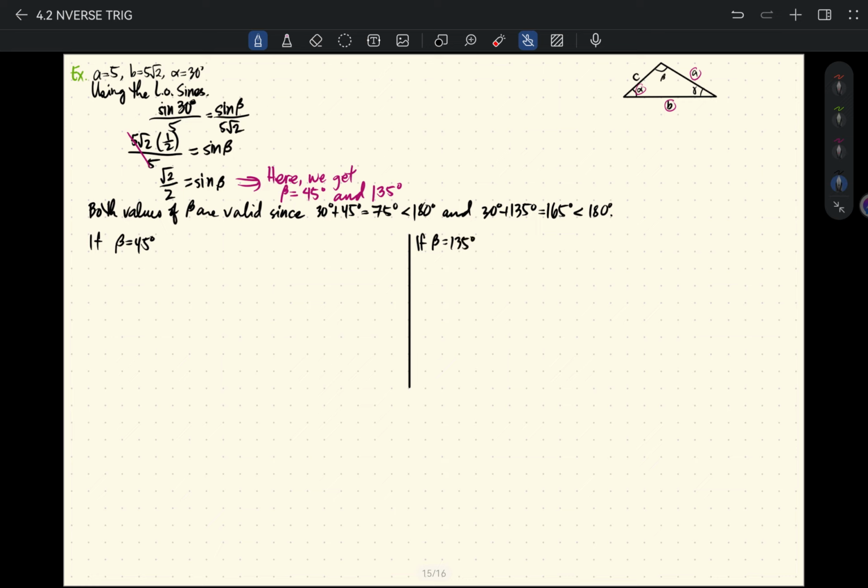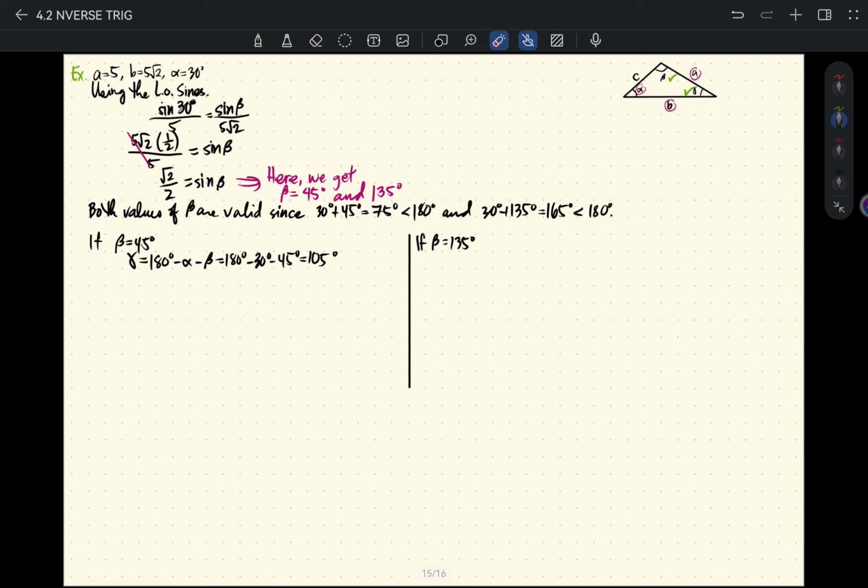So if beta equals 45 degrees, right now we already know alpha and beta. So we can obtain gamma to be 180 degrees minus alpha minus beta. That's 180 degrees minus 30 minus 45. We get here 105 degrees. Then lastly, what's left is c.